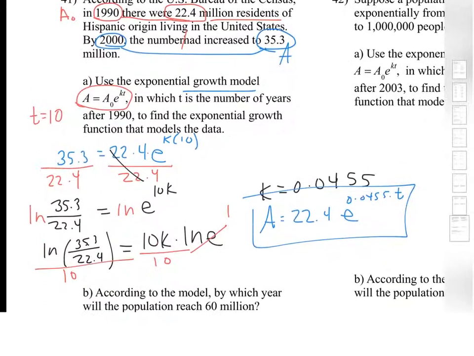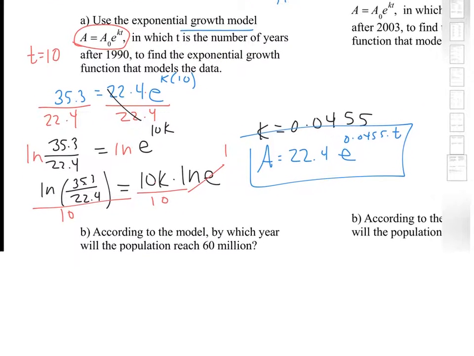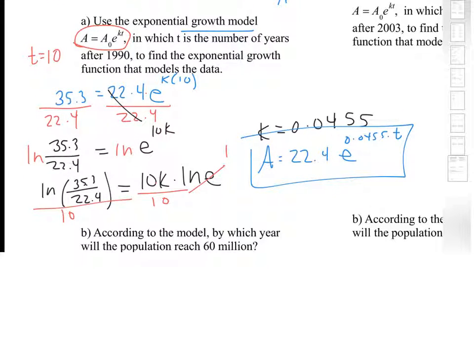Now let's look at that second part of the question. They said, according to the model, by which year will the population reach 60 million? So that's going to be a final amount of population, so we're going to plug 60 in for A equals 22.4. So I'm using that model that we found earlier, base e to the 0.0455t.